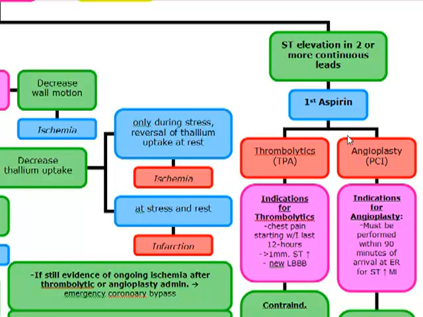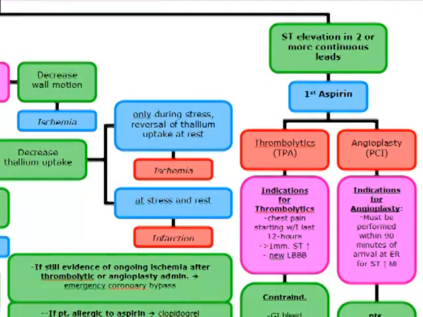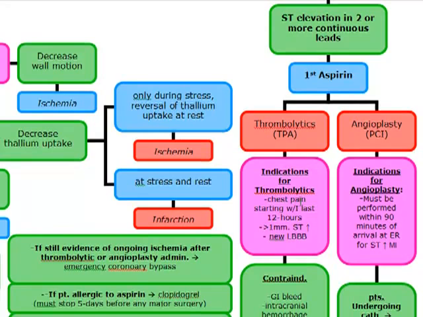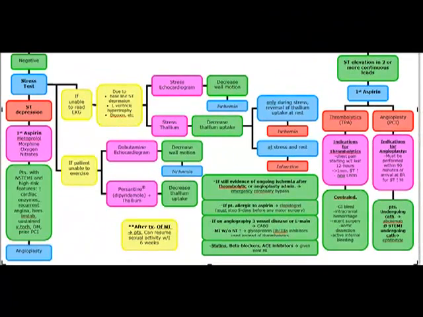TPA is not as indicated as angioplasty because there's criteria for TPA. It's most effective if given within 6 hours, and it's effective for up to 12 hours. Okay? And your indications for thrombolytics include chest pain starting within the last 12 hours, over a 1 millimeter ST elevation, and a new left bundle branch block.